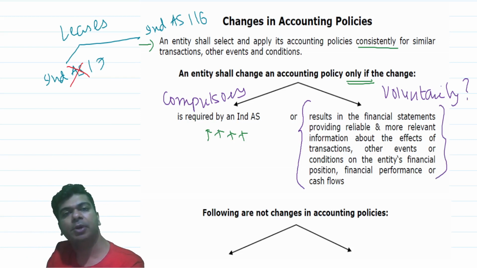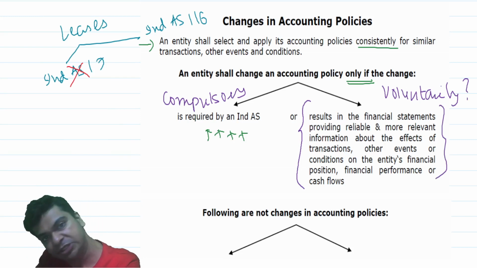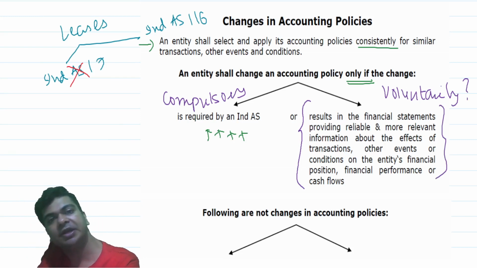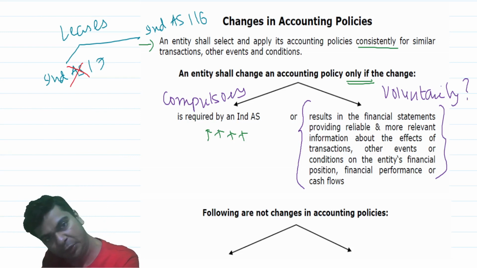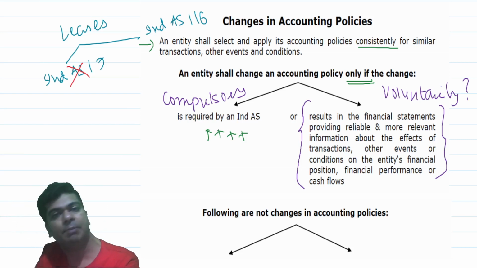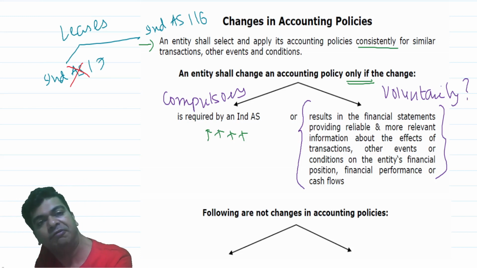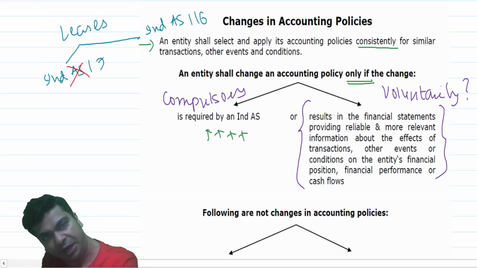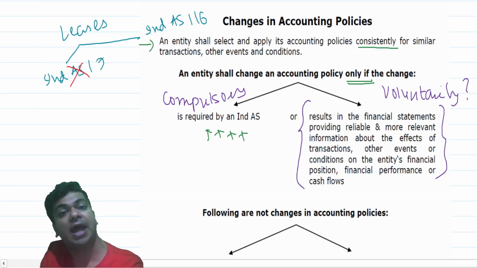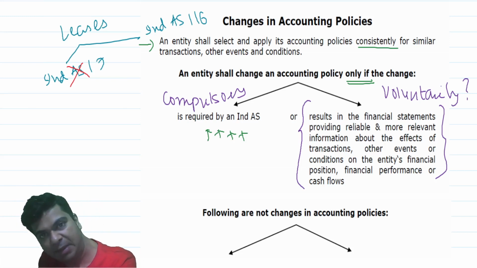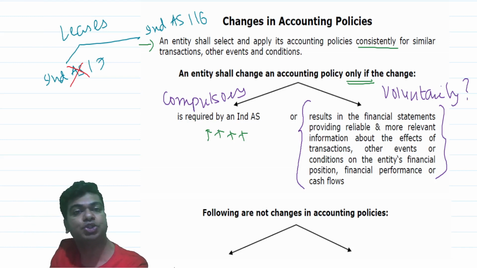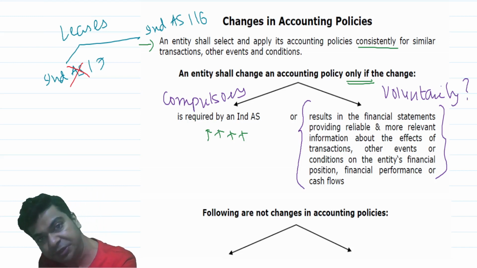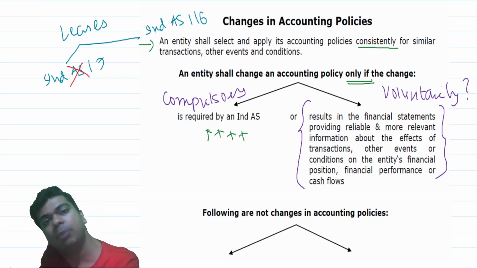Maybe I am following a particular accounting policy, but I realize that all of my competitors are following a different accounting policy for that particular matter. Okay, for example, I might be valuing inventory on FIFO basis, while all my competitors are valuing inventory on weighted average basis. I feel that I am the odd one out. My financial statements are not actually comparable with that of my competitors because of the difference in the accounting policy.